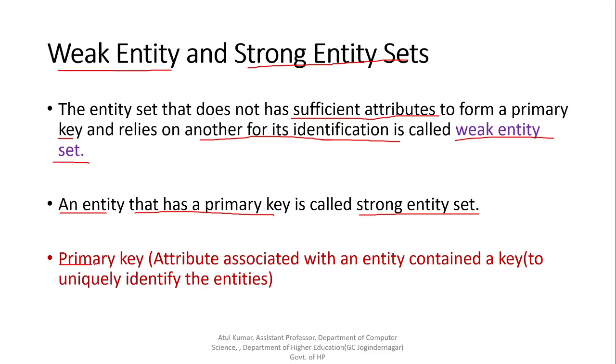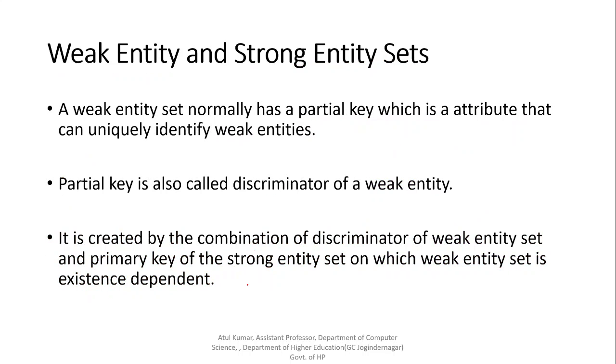The weak entity doesn't have any kind of primary key. So the weak entity set always has a partial key, which is an attribute that can uniquely identify weak entities.